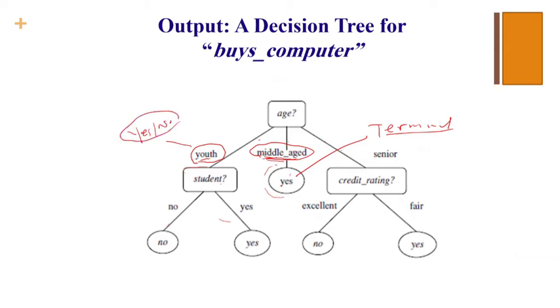When you have such a case, we need another attribute to help us break them down, because we want a terminal node where everybody on the left belongs to the same class, and on the right you belong to the same class. At that point, we stop. But if we are not able to do that, we still continue to break it down. The same thing goes for senior here. Some seniors are either buying a computer or not buying a computer. So we need credit rating to be able to separate them.